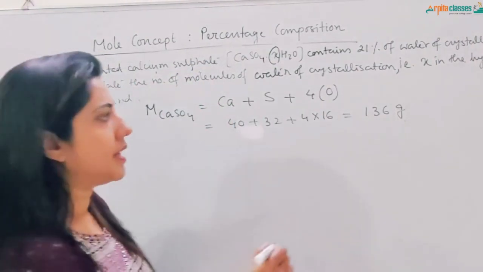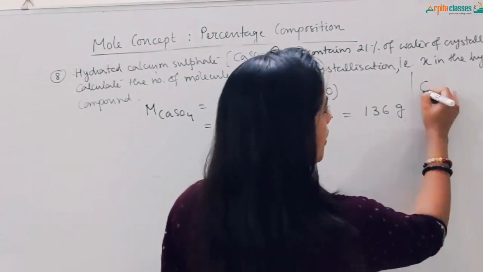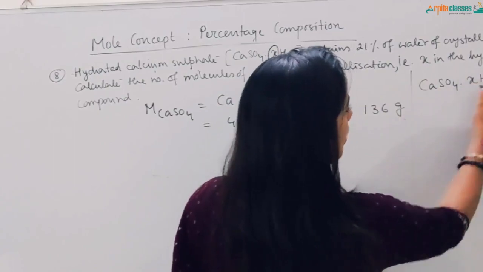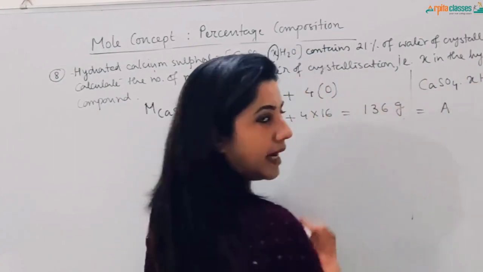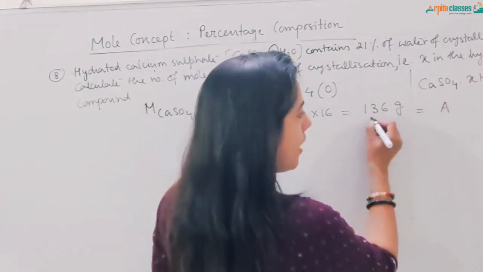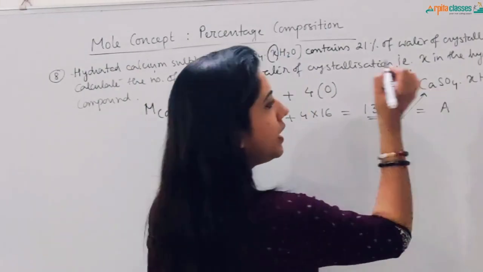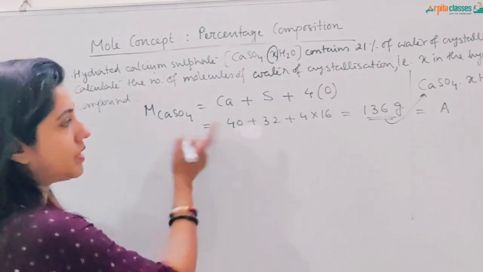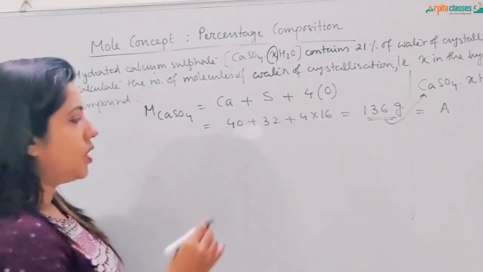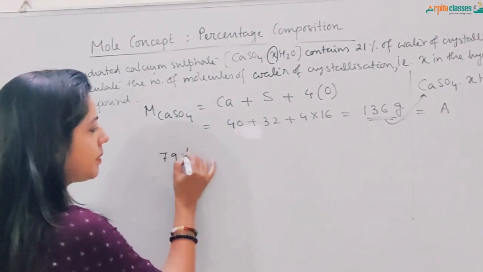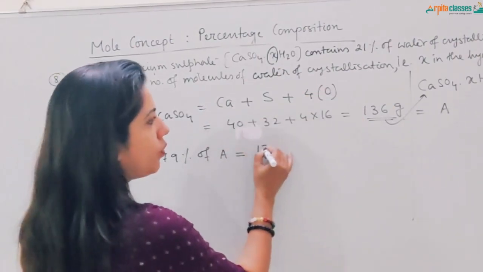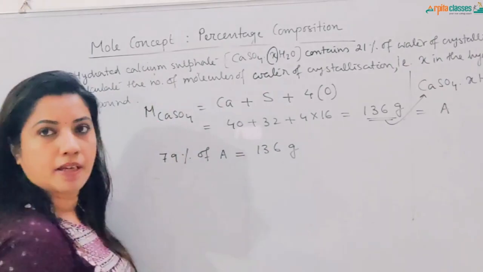So if the entire molecule CaSO4.XH2O is considered as A, in this 136 gram is only CaSO4, which is your 79%.